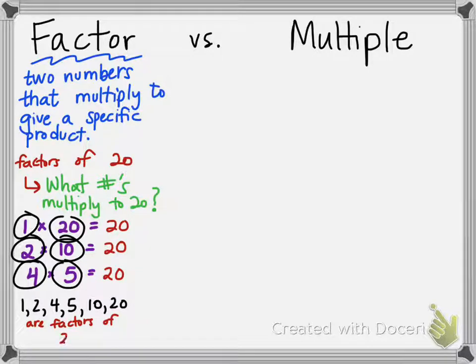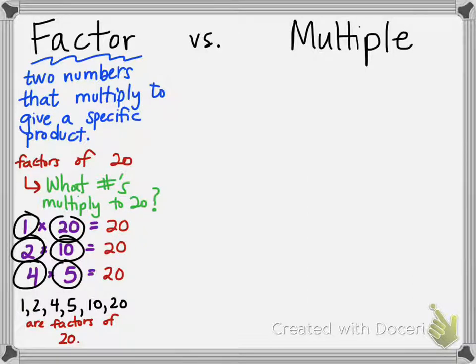That is because they multiply together to give us 20. So just as a recap, we can look for what are called the factor pairs. The factor pairs 1 and 20 multiply to give us 20. 2 times 10 gives us 20. 4 times 5 gives us 20. So we have 6 different factors of 20.